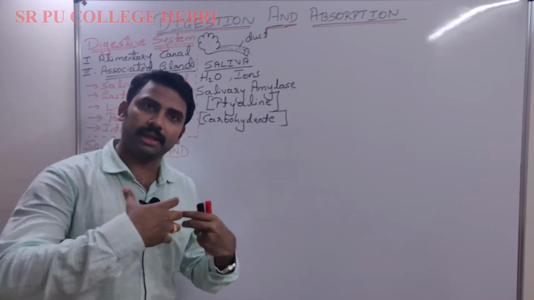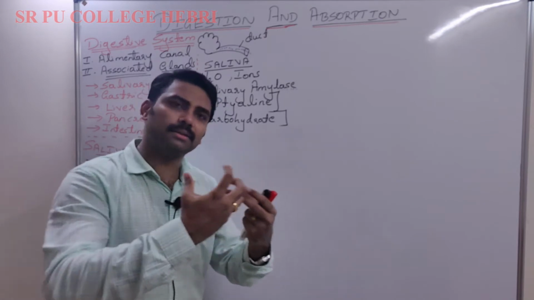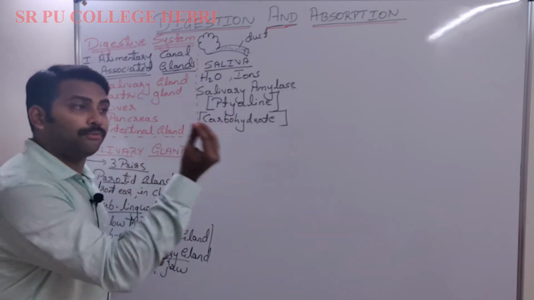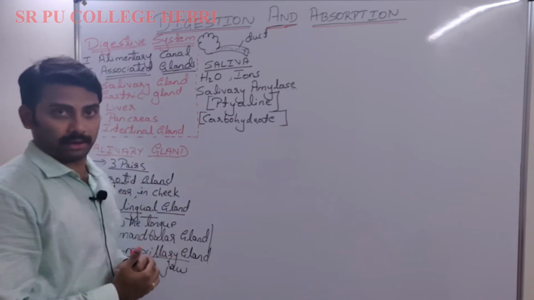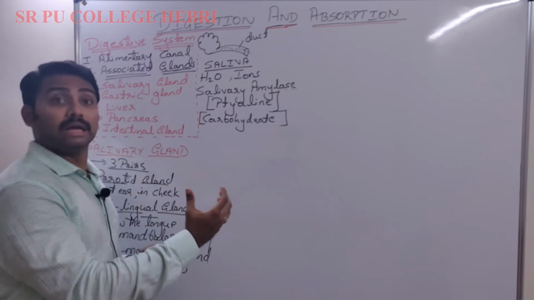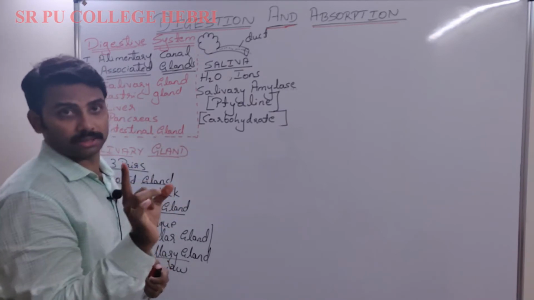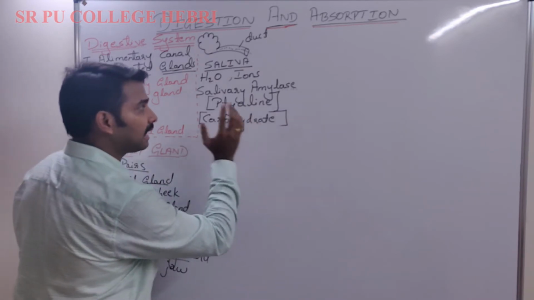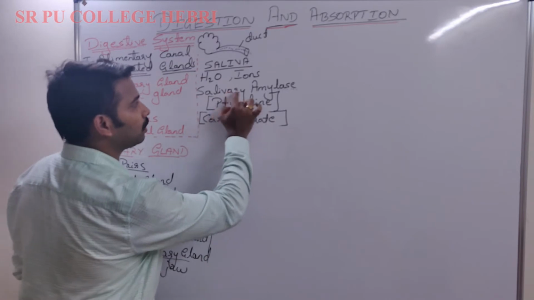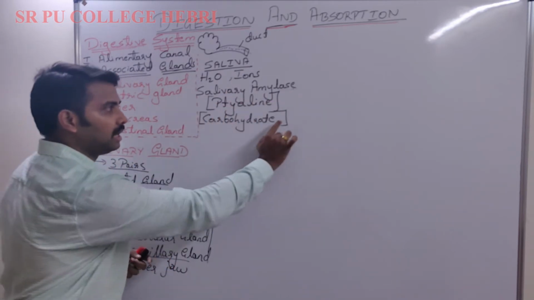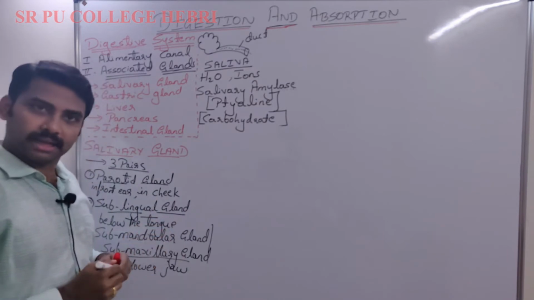Other vitamins and other things are also present, but very importantly, the food having carbohydrate, starch, glycogen, such carbohydrate, guys, not proteins. Carbohydrates are digested or broken down by the enzyme called what? Salivary amylase. It is a carbohydrate digesting enzyme.